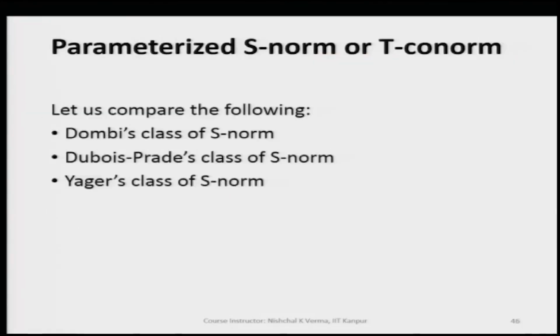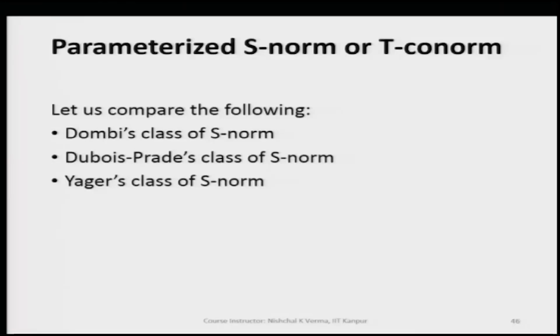So, this way we can say that we have the parameterized S norms. This is also called T conorm. So, we can call it either the parameterized S norm or the parameterized T conorm, and we have 3 parameterized S norms as we discussed: Dombi's class of S norm, Dubois-Prade class of S norm, and Yager's class of S norms.